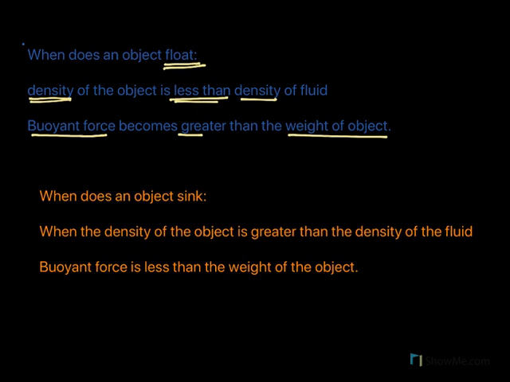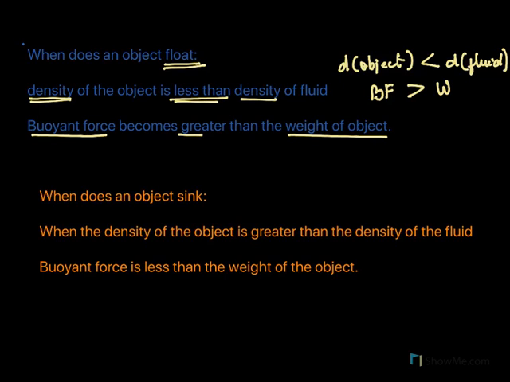So let me just summarize it again. Density of object is less than density of the fluid. And when it is less than the fluid, then the buoyant force becomes greater than the weight of the object. And that's when an object floats.